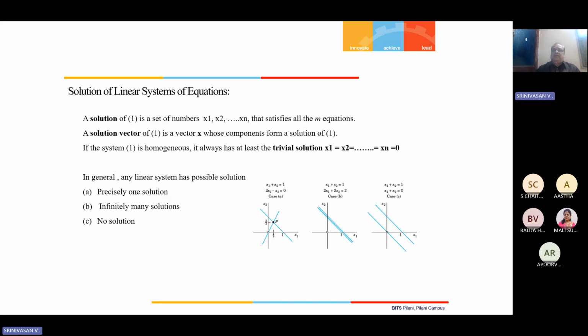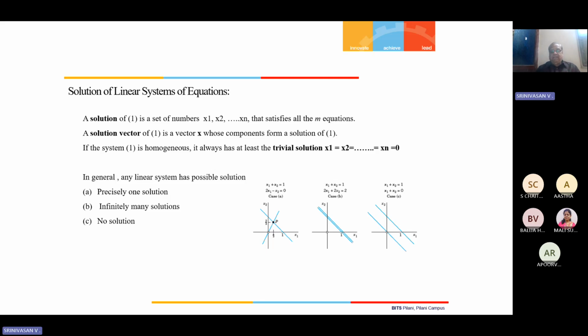Depending upon the assumption of the variable, you will be able to generate as many solutions as possible. For example, if x2 is equal to 0, then x1 equals 1. Suppose x2 equal to 1, then x1 will be 0. Suppose x2 is equal to 1 by 3, then x1 will be 2 by 3. Depending upon the value of x2, you will get x1, or the other way around. And therefore here you will get infinitely many solutions.